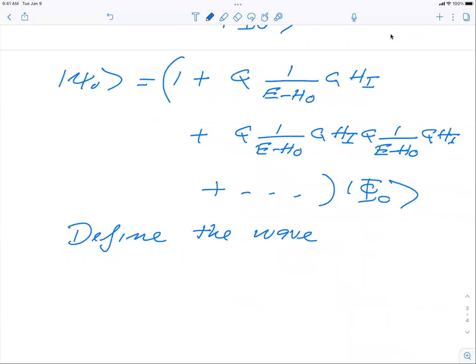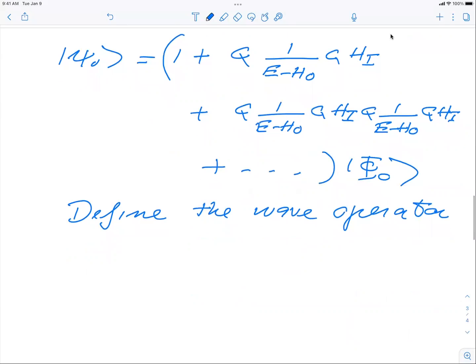So we define this quantity, which is called the wave operator. We've actually met this before. We called it the correlation operator, because this brings in correlation. In that case, we define this quantity omega of E because it depends on the exact energy. And if you look at the wave function here, you can rewrite this as Q of 1 divided by E minus H0, and then Q of H of I plus.